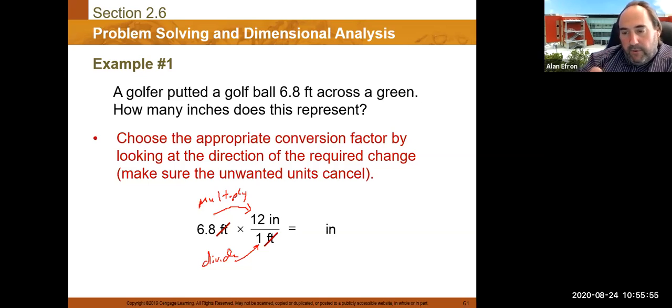When you're doing multiple conversions or using multiple conversion factors, in terms of your calculator, sometimes people really mess up on that part as well. In terms of the multiplying part, you can multiply as many numbers as you like all the way across. When you're done, you should hit equals. And then if you have a number of things to divide by, people oftentimes will mess up by trying to put all those numbers in at once in their calculator.